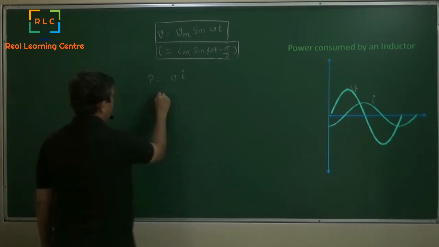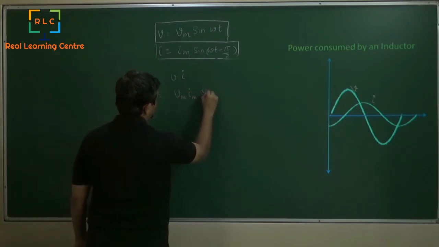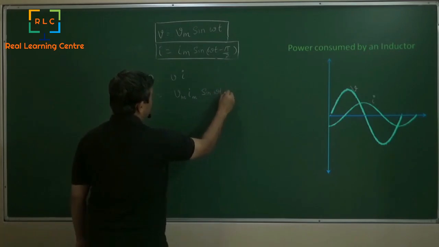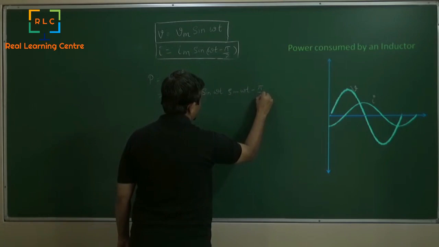which is Vm Im sin omega t into sin(omega t minus pi by 2).